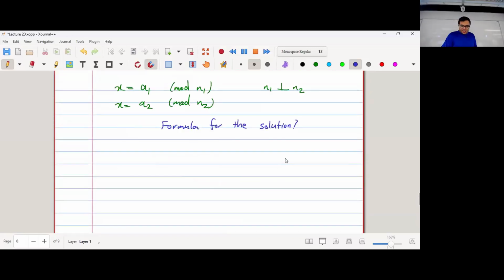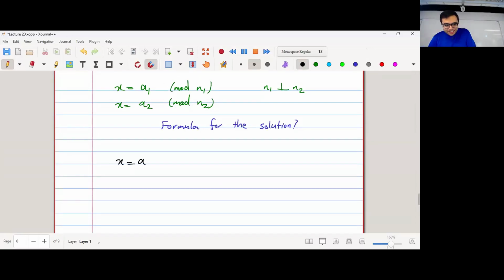Okay. Find this formula. It's so easy. It's very easy. Okay. Look. Suppose one of these is 0.